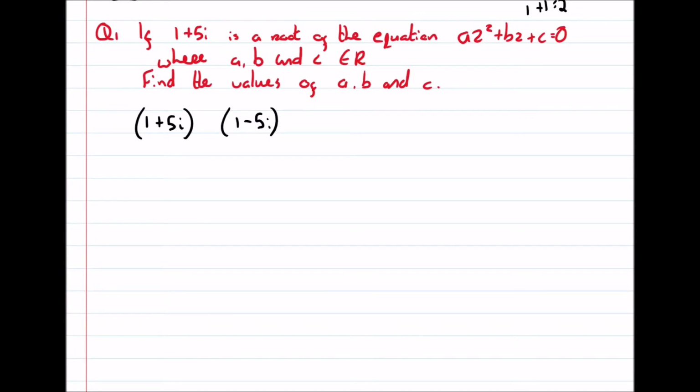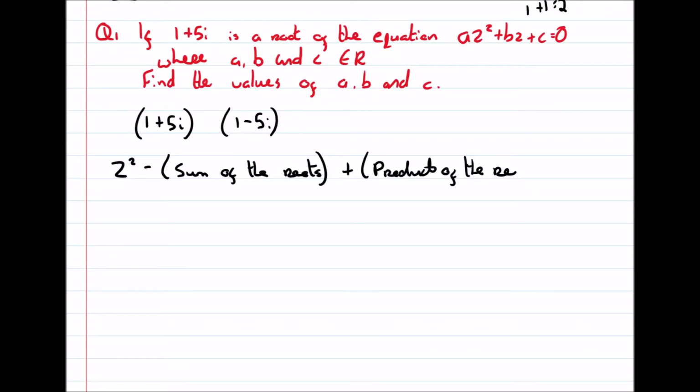Now, to find the equation, it's z squared minus the sum of the roots plus the product of the roots equals 0.